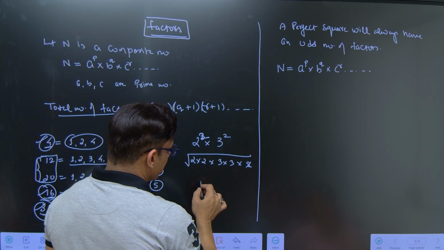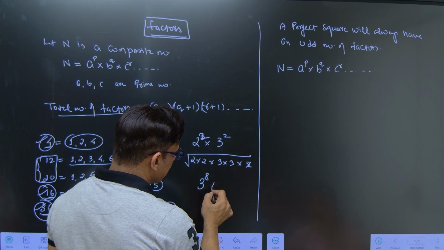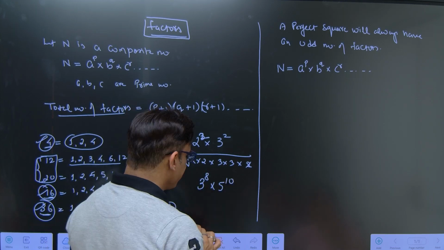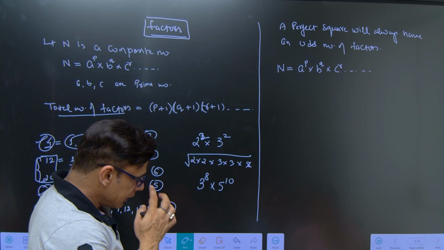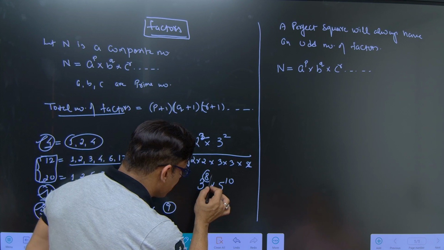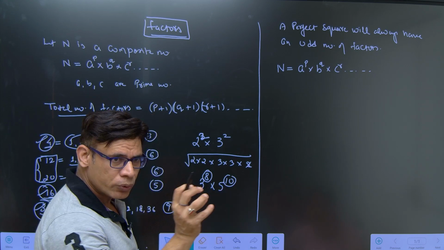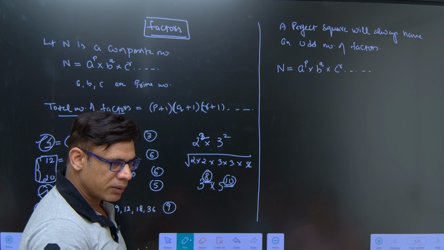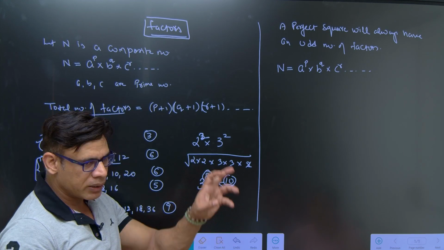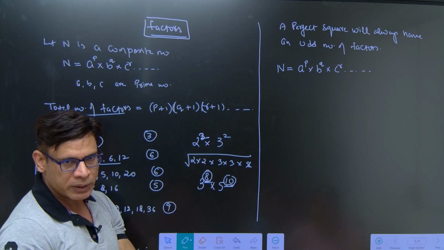So if I give you a number, let's say 3 raised to the power 8 into 5 raised to the power 10, and I ask whether this number is a perfect square or not, the answer is yes, because I can make pairs of 3 and 5. It simply means that the power is an even number. When you take any number raised to an even power, the number will become a perfect square.